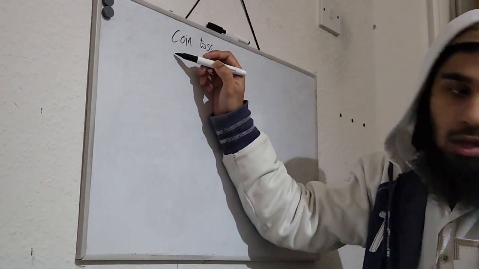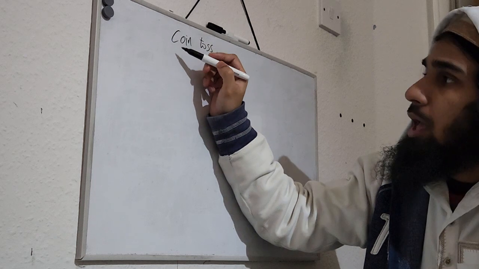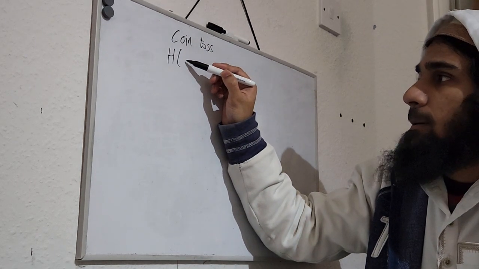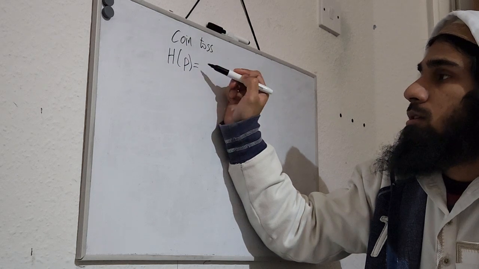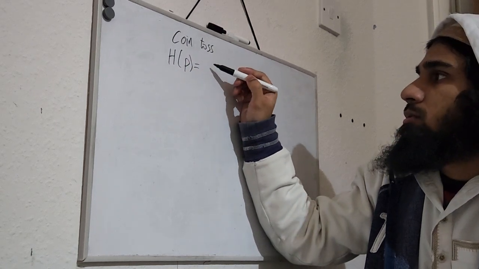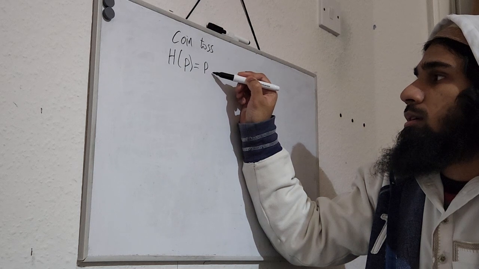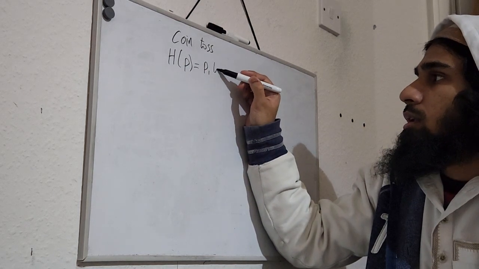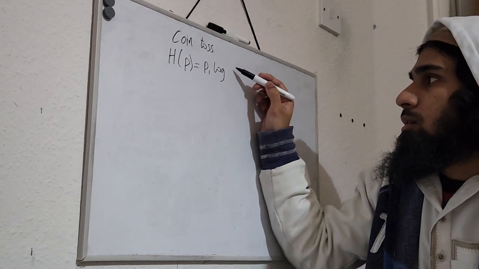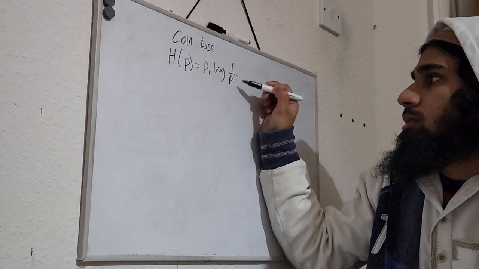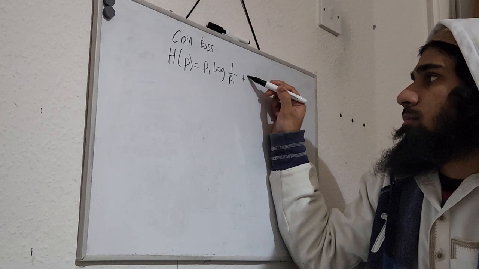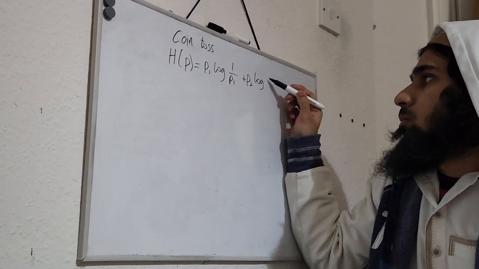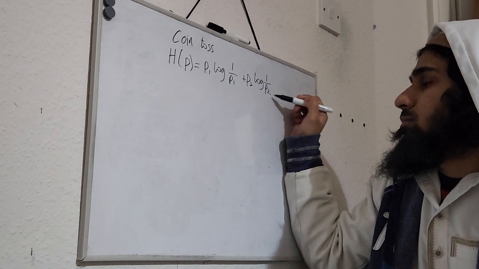Entropy, we write it as H. The formula is P, that's for, let's say, heads, log 1 over P1 plus P2 log 1 over P2.